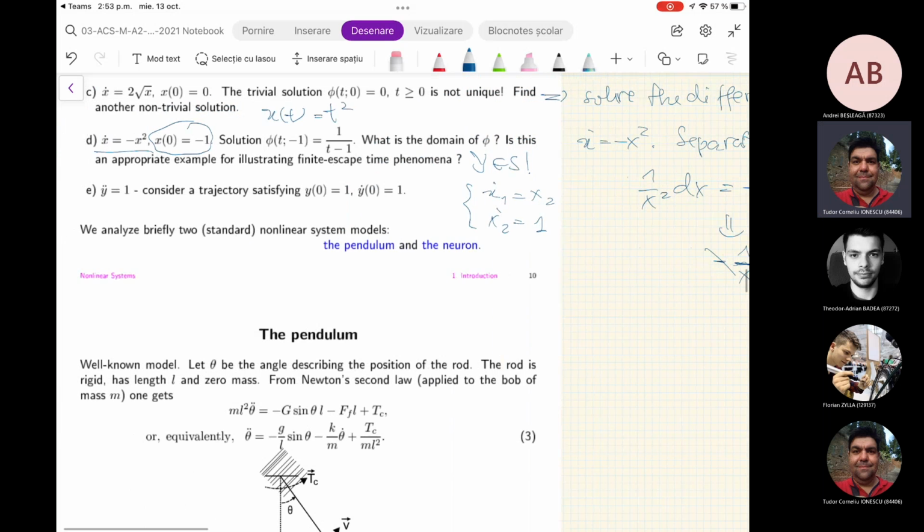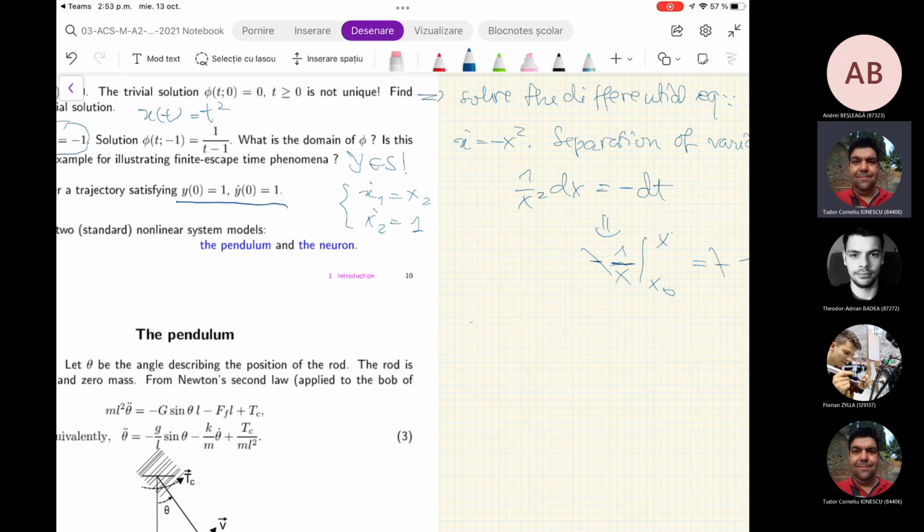You can try to solve this, or you can just easily integrate it, using separation of variables twice, and try to find a trajectory, because you now need 2 initial conditions, y naught and y dot naught. Do you agree?